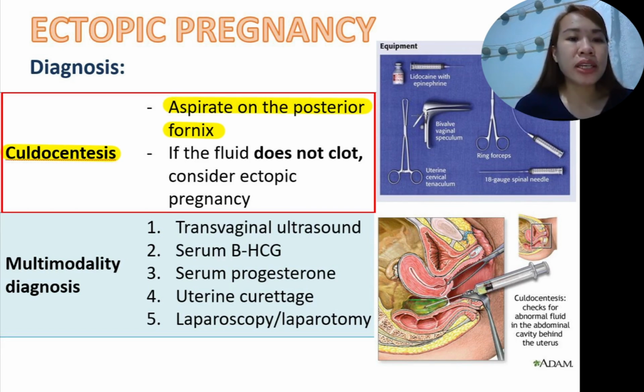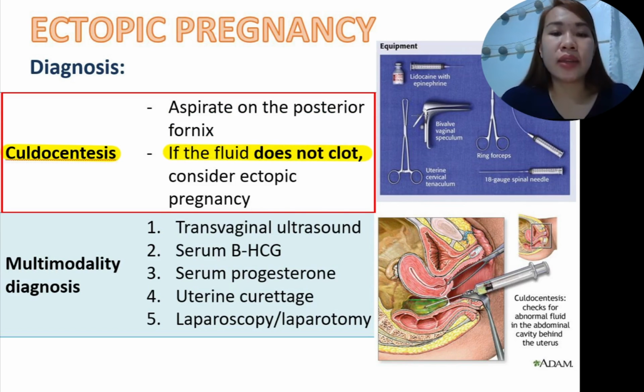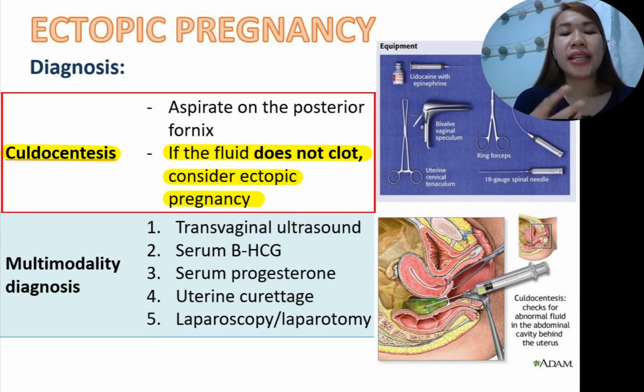So we call this aspiration in the cul-de-sac, or culdocentesis. Now, if the fluid does not clot, we consider ectopic pregnancy. Why? Because, class, if there is excessive or continuous bleeding from a ruptured ectopic pregnancy, it will not allow the blood to clot because of the continuous movement or bleeding that is occurring.